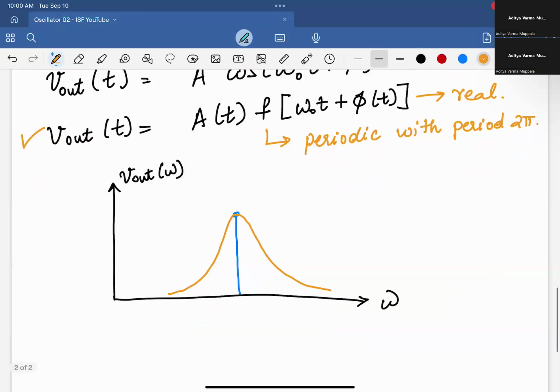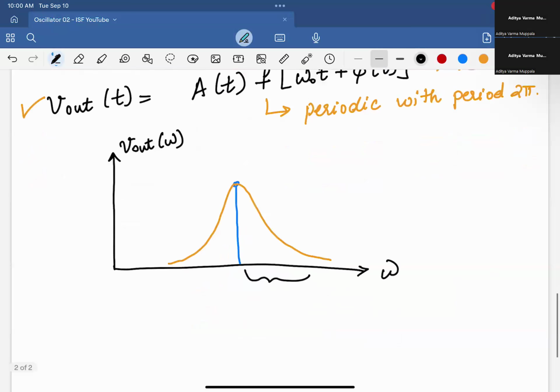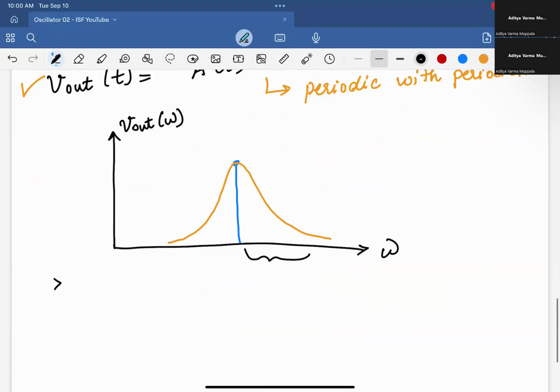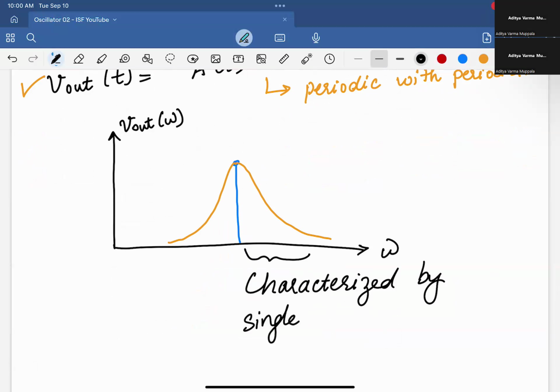This spread is generally characterized by what is called the single sideband noise spectral density.